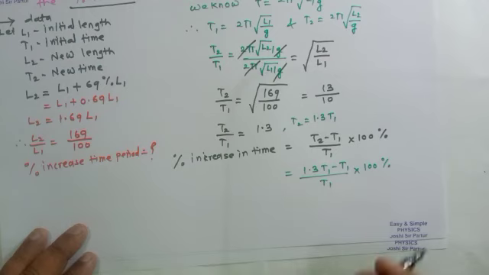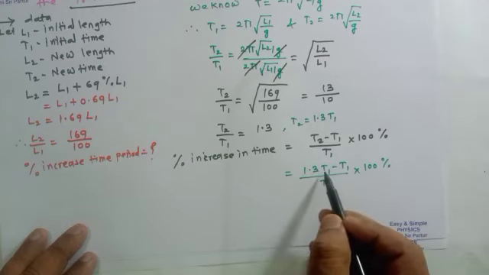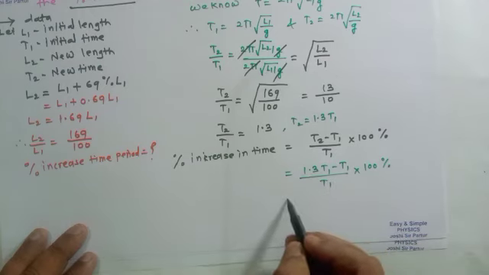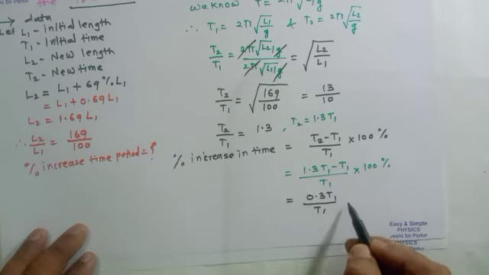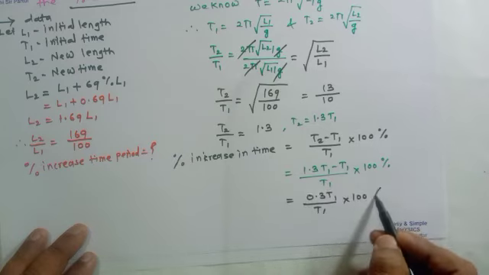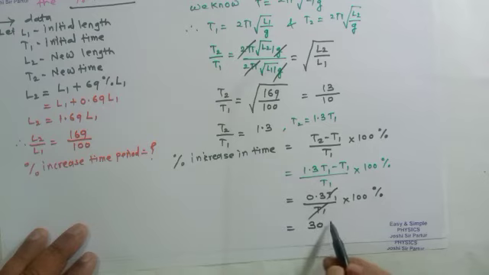From 1.3 T1, 1 T1 is subtracted. So here 0.3 T1 upon T1 multiplied by 100 percent. T1 and T1 get cancelled. 0.3 and 100, their multiplication will be 30.